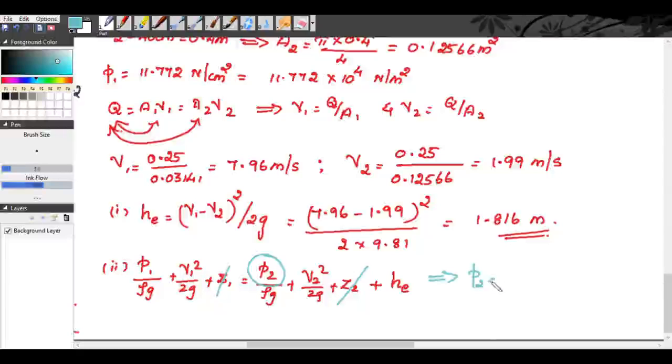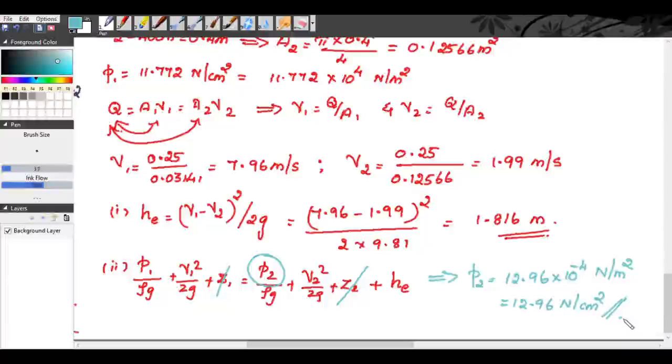We get P2 is equal to 12.96 into 10 to the power of minus 4 Newton per meter square. So that will be equal to 12.96 Newton per centimeter square.